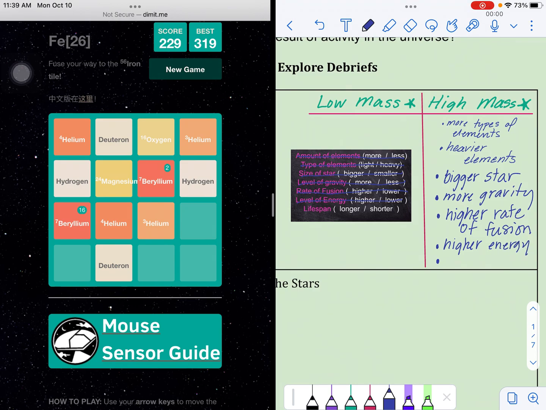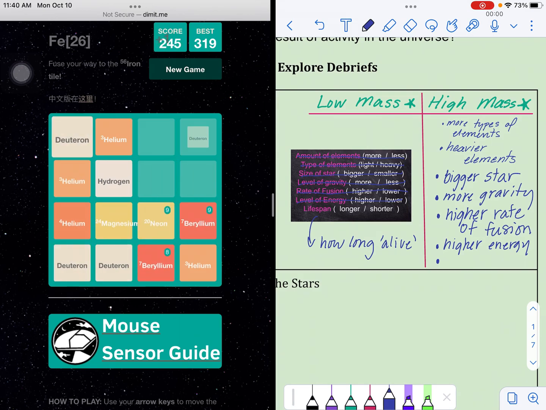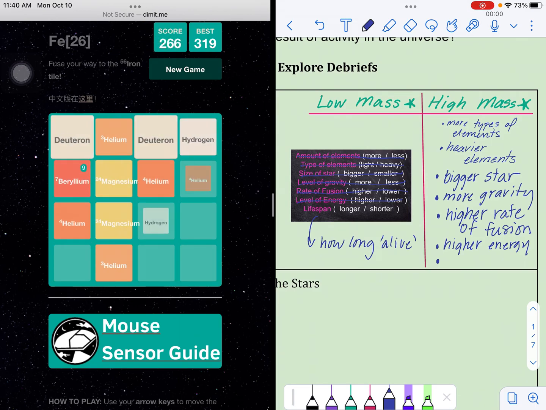And finally, lifespan. Remember, this is thinking about how long the star can exist for, or how long it's quote-unquote alive for, or burning its energy. And this one was figured out by if our star happened to die out or not.